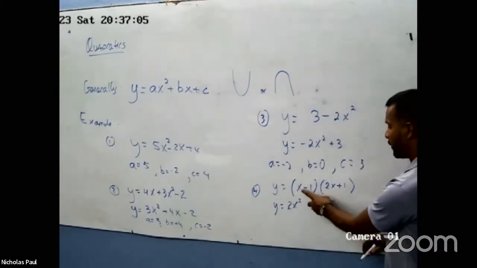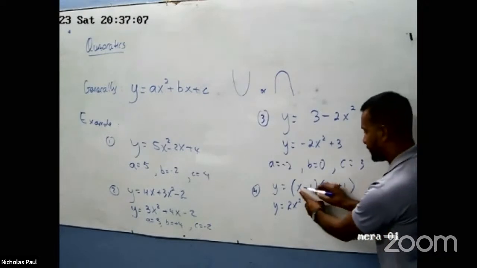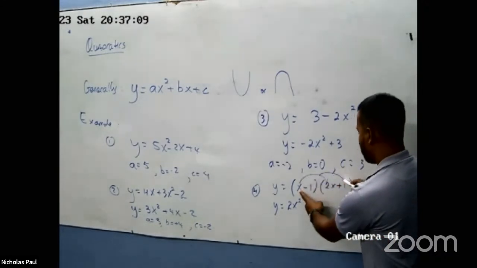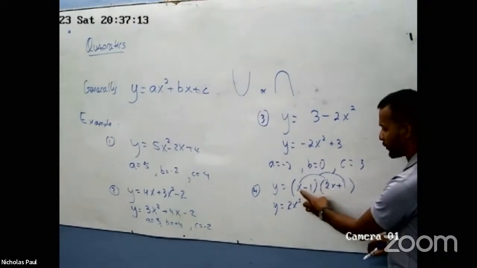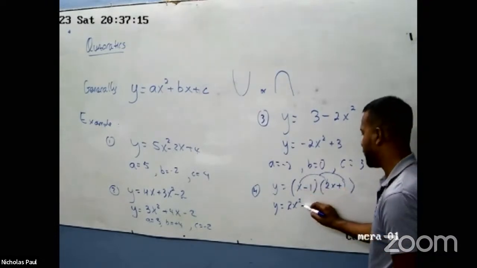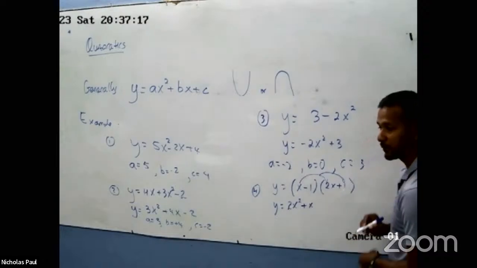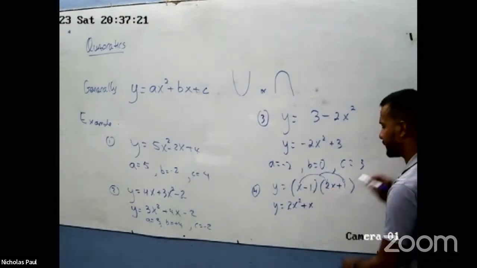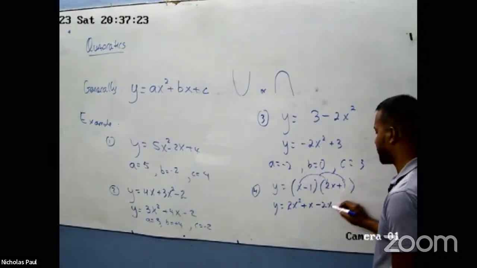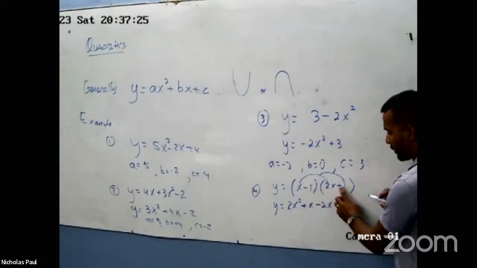So you multiply x by 2x, that's 2x squared. x by plus 1 is plus x. Minus 1 by 2x is minus 2x. And then minus 1 by plus 1.